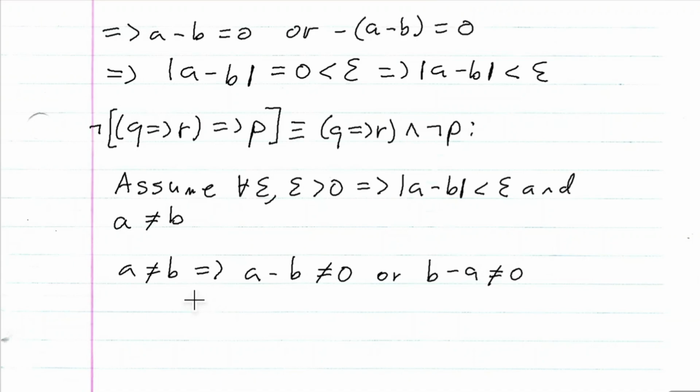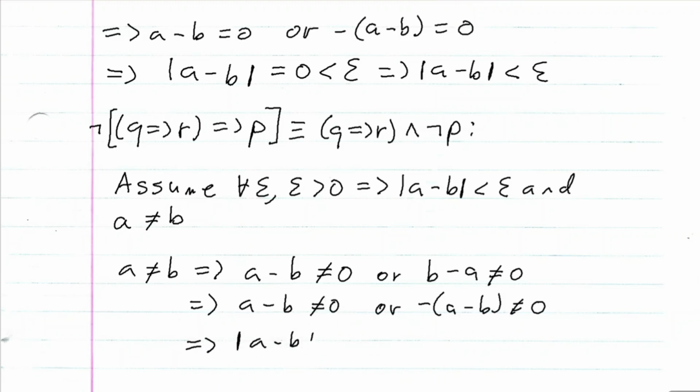Same argument as before, this implies that A minus B doesn't equal 0, or negative A minus B doesn't equal 0. And these two together imply the absolute value of A minus B does not equal 0. And the absolute value of anything is nonnegative, so this means that the absolute value of A minus B has to be bigger than 0.